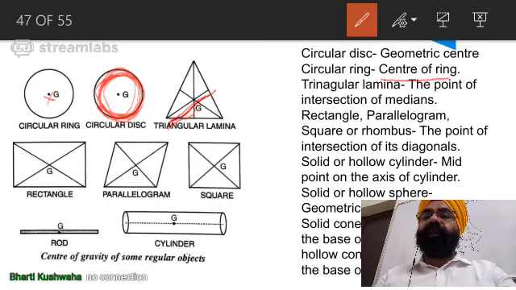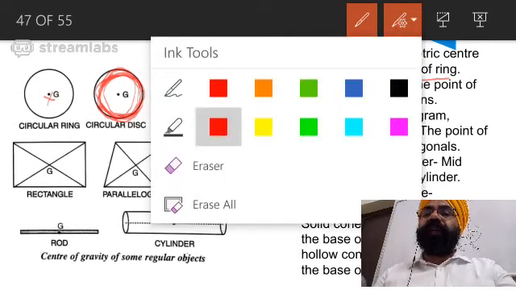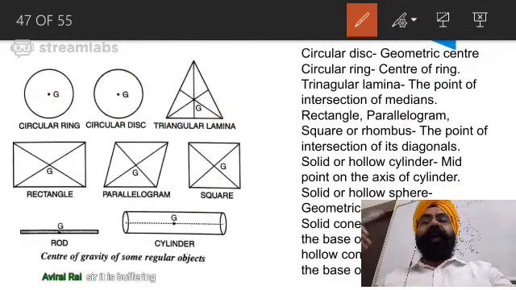If I draw it from this vertex, it bisects, which means these two sides are equal. If I draw from this vertex, these two sides are equal. So wherever these meet, the entire weight of the triangular lamina will be acting there, which means the center of gravity of a triangular lamina will be at the intersection of medians.